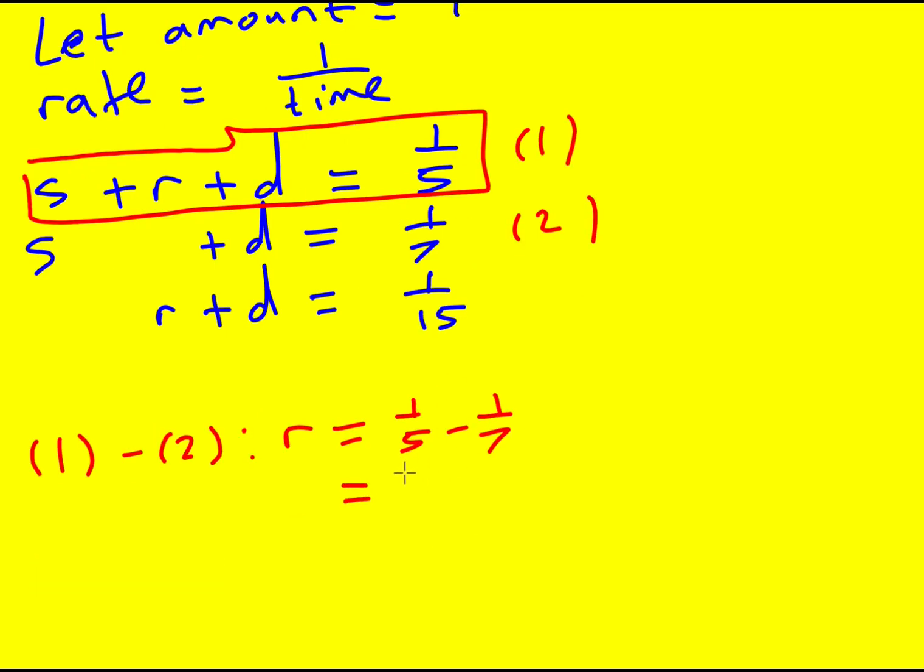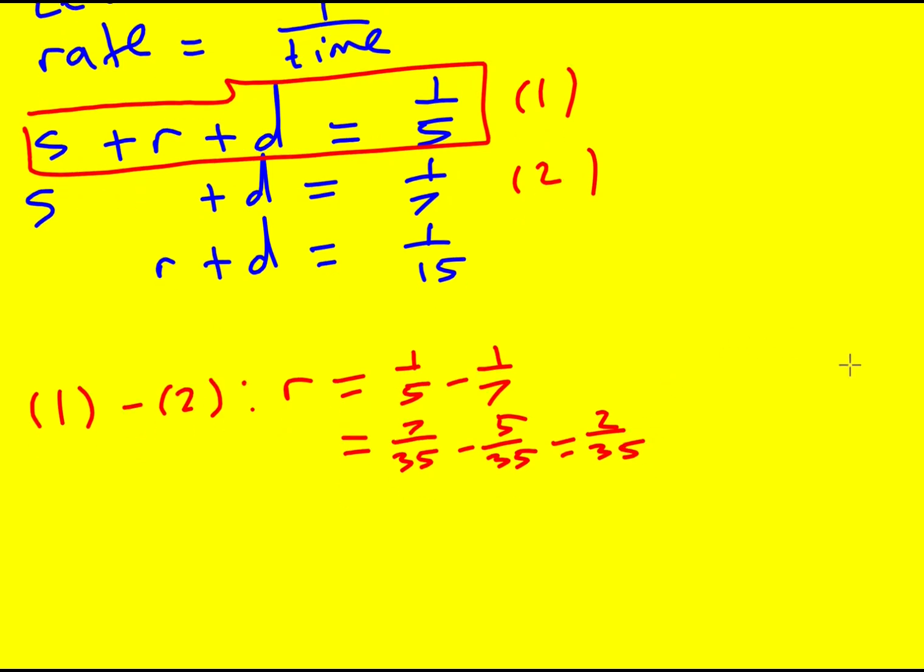Put them over a common denominator: it's going to be 7 over 35 minus 5 over 35, which is 2 over 35. That's the rate they work. Actually, the time that they would take to do it by themselves would be 35 over 2, or 17.5 minutes. We're not asked for that, but we could work that out.